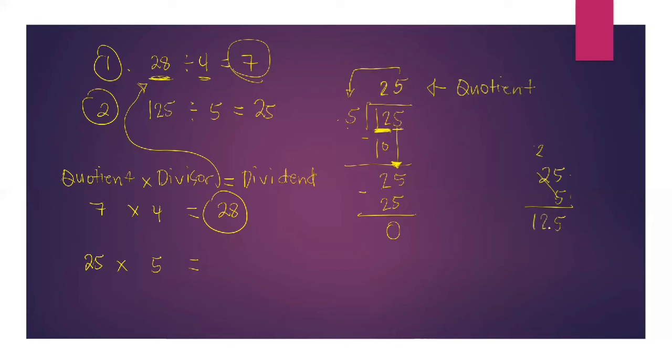So, our answer is 125. Is it equal to the dividend na given natin kanina? Yes. Equal siya. So, if it is equal or the same, yung quotient natin na 25 is also correct. Okay? So, is there any question that we have?